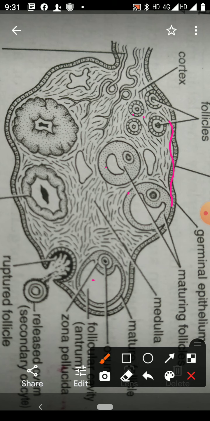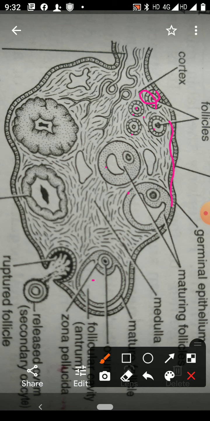An ovarian follicle is a small fluid-filled sac. It contains one immature egg. So this is the ovarian follicle. Inside it, the immature egg is present.